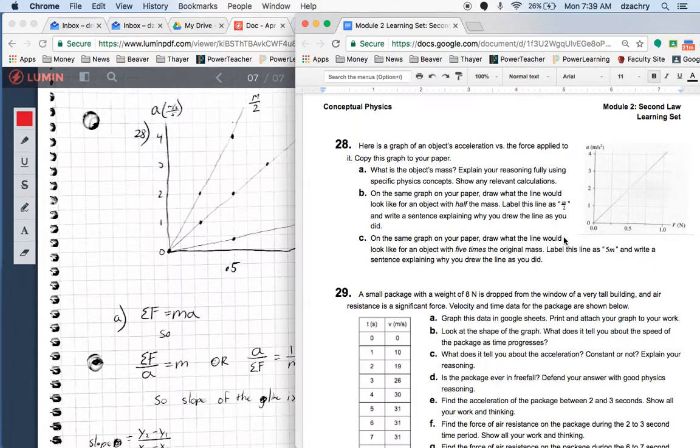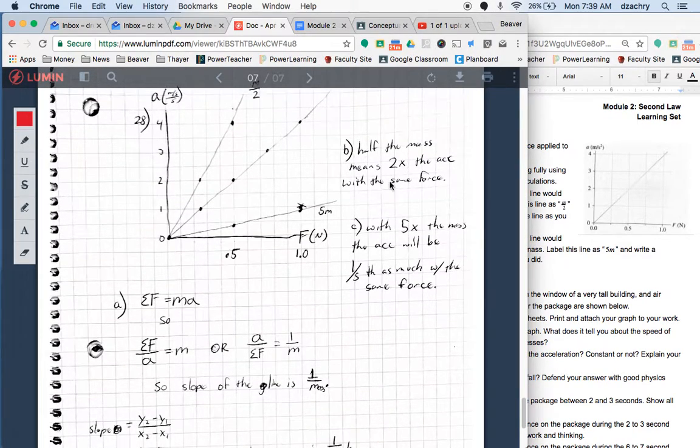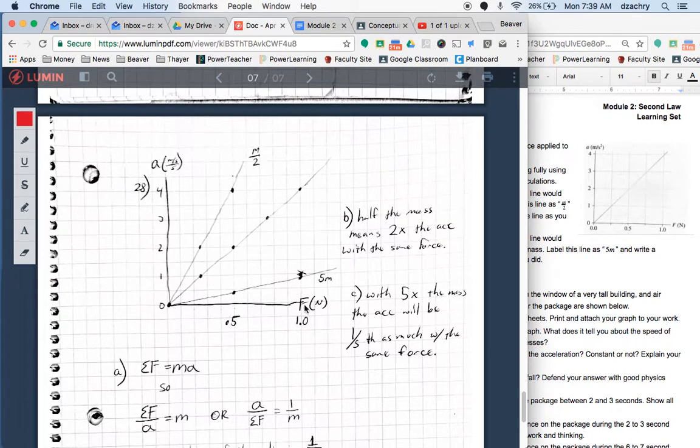Then part B asks me what the line for half the mass would be. Well, if we have half the mass but the same force, using Newton's second law, half the mass would give me twice the acceleration if I have the same force.